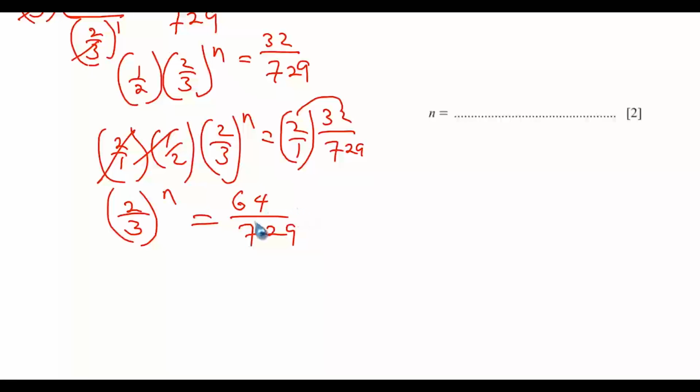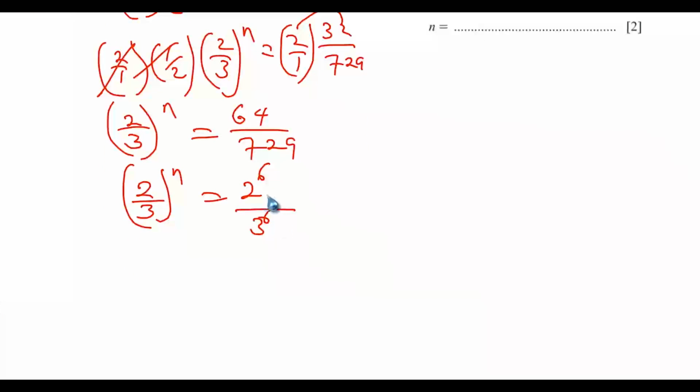That's one way, or we just express this in base of 2 and 3. So we can have 2 over 3 to the power of n equals 64, which is 2 to the power of 6, over 729, which is 3 to the power of 6. So we can combine the power so that they both share one power.